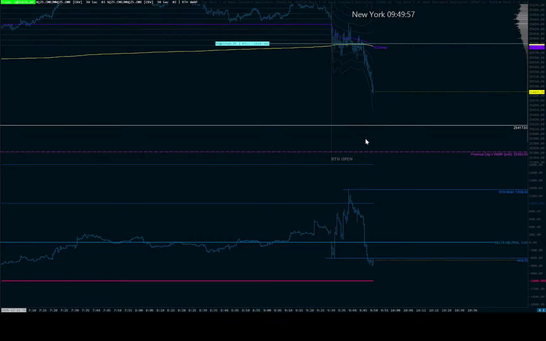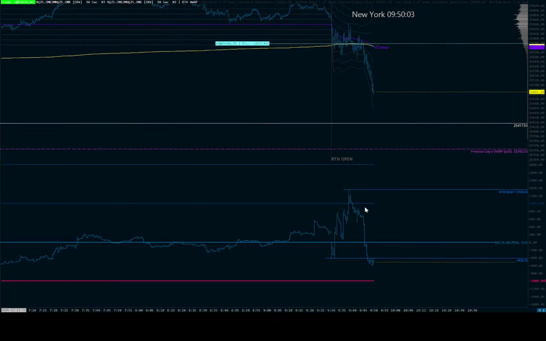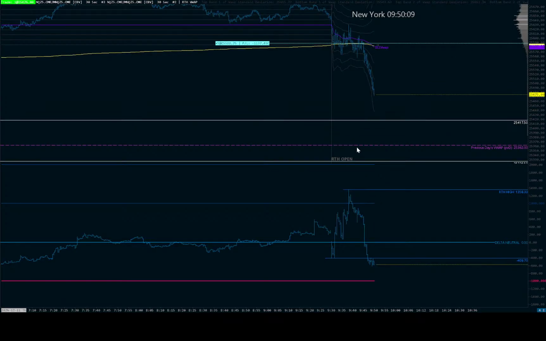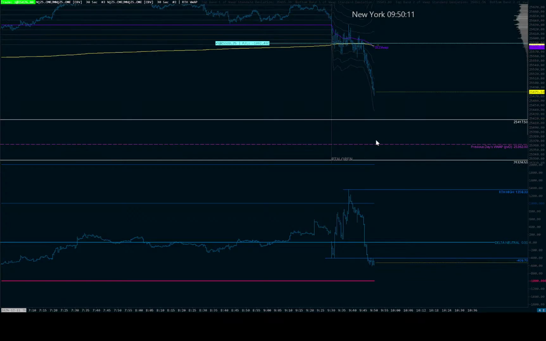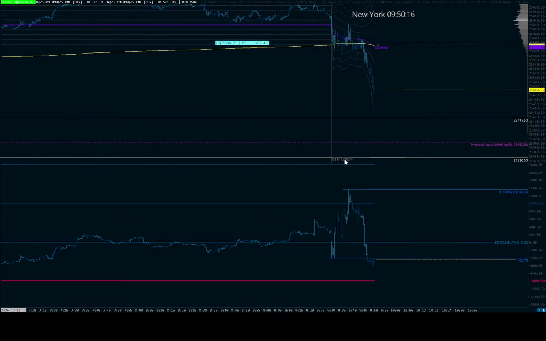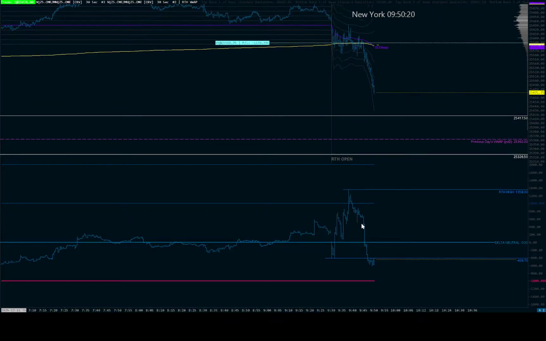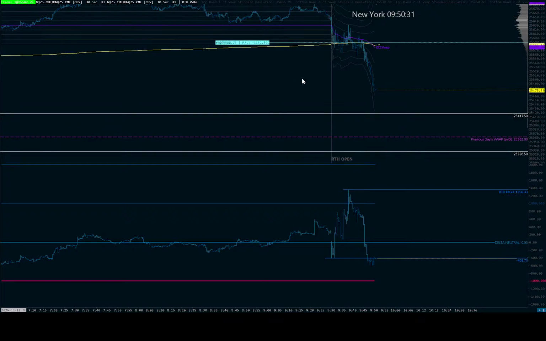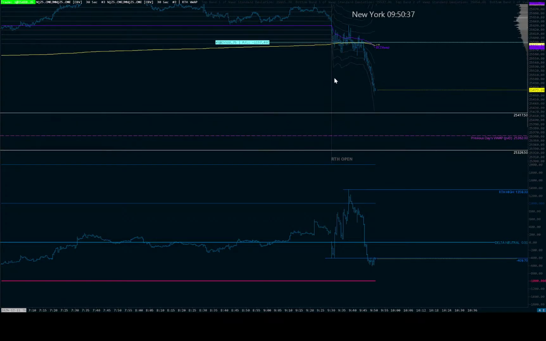Since this weekly VWAP didn't hold, with a pretty strong rejection off of this, it's probably going to go lower. Maybe down into this quarterly or monthly. I would be leaning short. Strong push down, strong push down. It could very easily end up down here today. But buyers can step in at any point in time. They're trying to here, but I don't know that they're going to be able to.